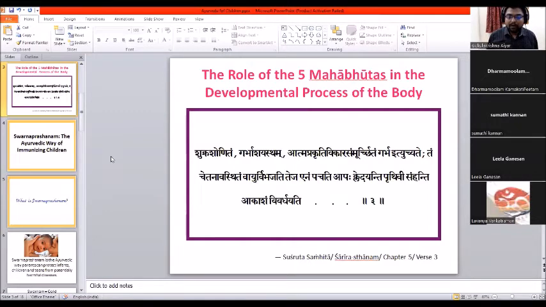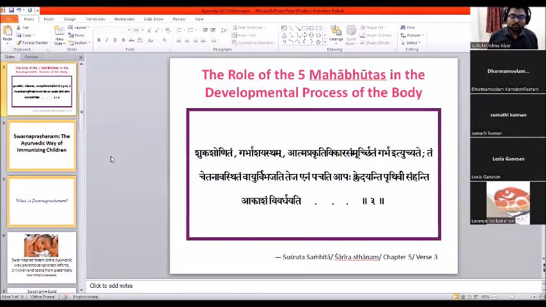So Garbha is formed when the Prakriti Vikaras and Atma, the Jivatma, unite together. So it is only at this time that it is known as a living entity. So Garbha ityuchyate, it is known as Garbha.